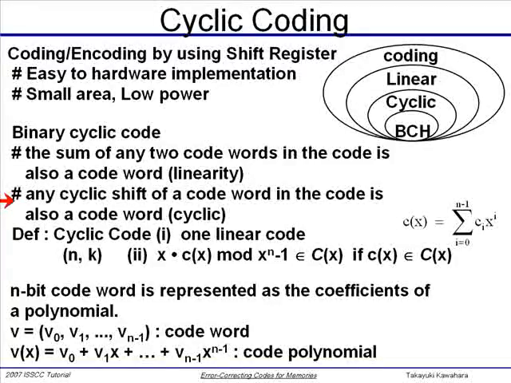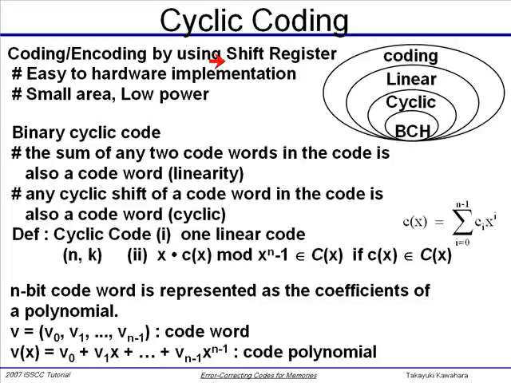Cyclic means, for example, x1, x2, x3, and the cyclic shift x3, x1, x2 is also a codeword. Such a cyclic shift is easily done by a shift register, so it is easy to implement in hardware.